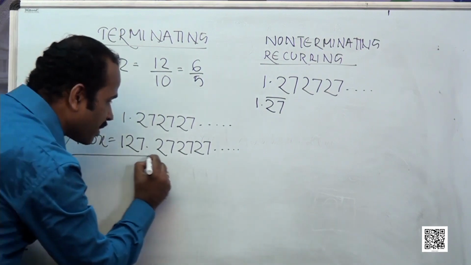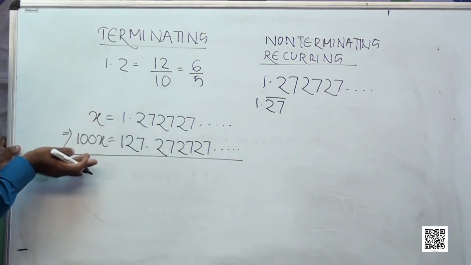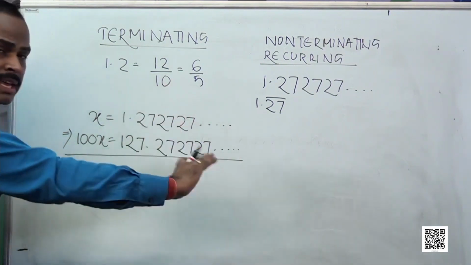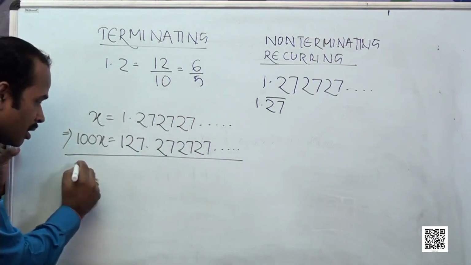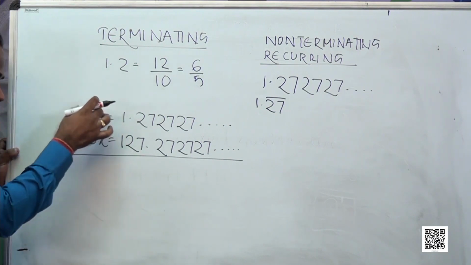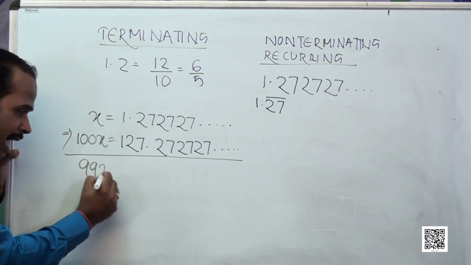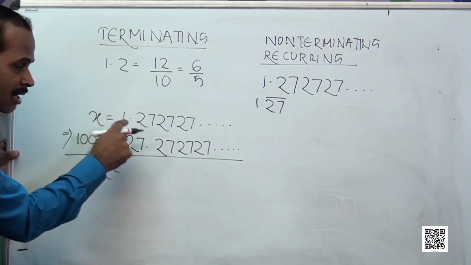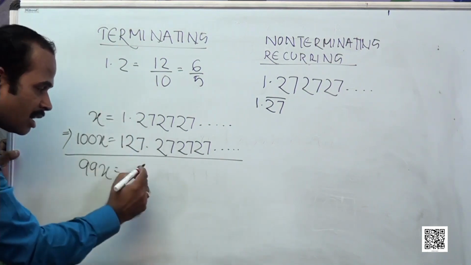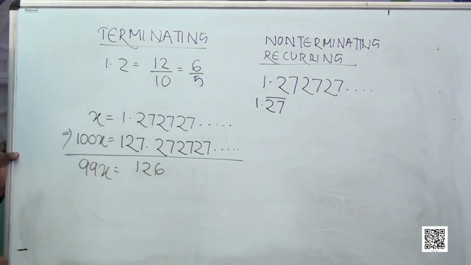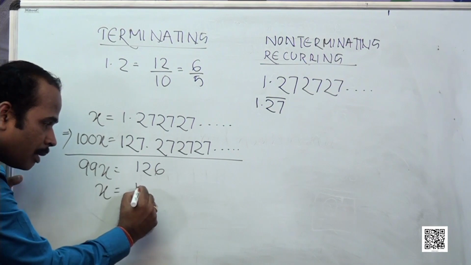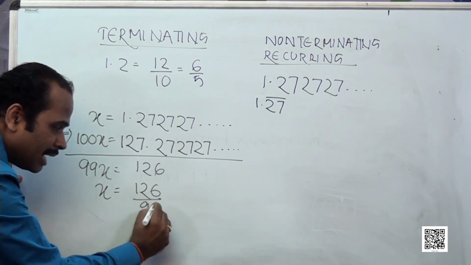So if we subtract x from 100x, the after-decimal portions will cancel. So what is left? 100x minus x is 99x, and this will be 127 minus 1. So the difference of the integral part will be 126. And 99x equal to 126, so x will be 126 by 99.